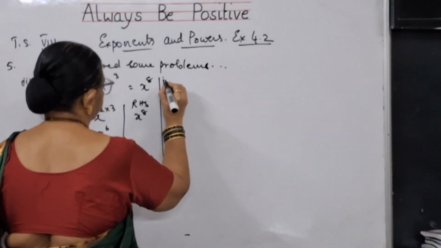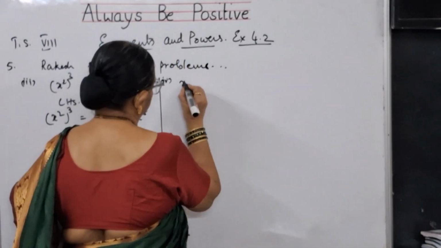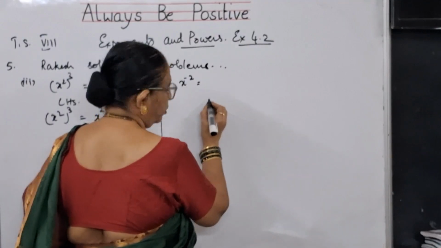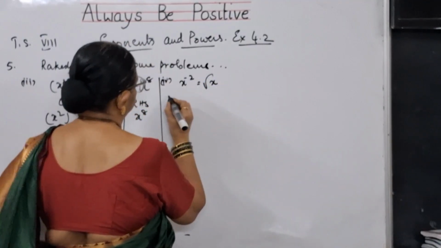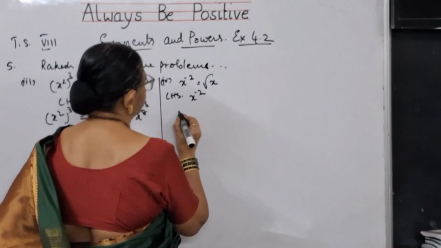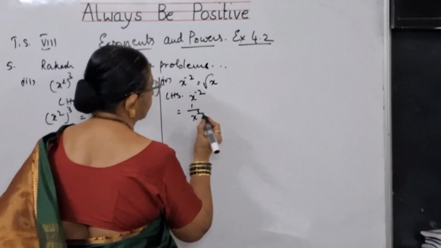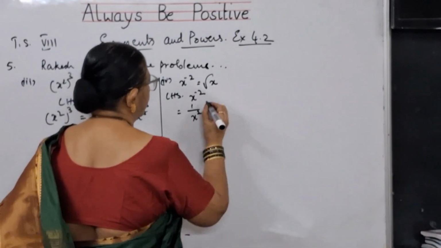Now, fourth bit. X to the power of minus 2 is equal to root of x. So, let me write LHS. X to the power of minus 2. When power is minus, I should write it as 1 by x square so that I can make power as positive.